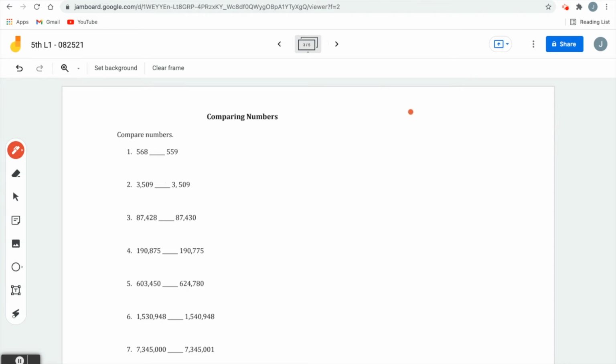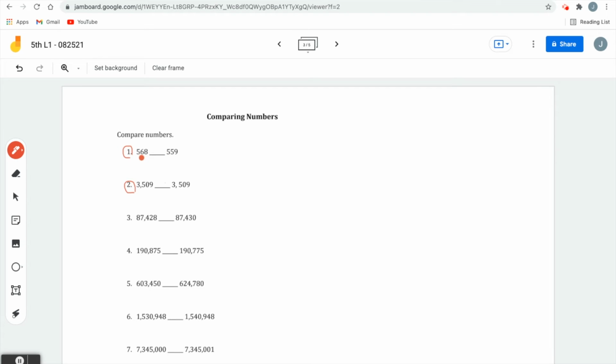We have comparing numbers. For comparing numbers, we are literally just looking at two numbers and comparing which one is greater or less. Okay, let's do some examples. We're going to do question number 1 and question number 2. For question number 1, we have 568 and 559. The hundreds place are the same, we both have 500.